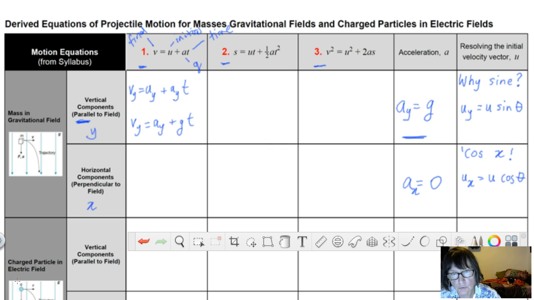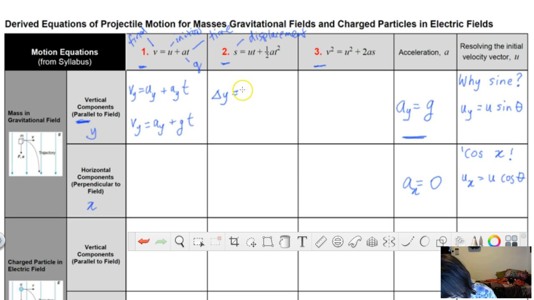Moving along to equation 2, we've now got displacement. And in this case, we are missing the final velocity from this equation. So our vertical displacement is the change in position, and change in position in the y direction is delta y.